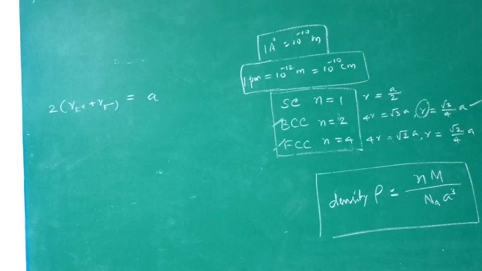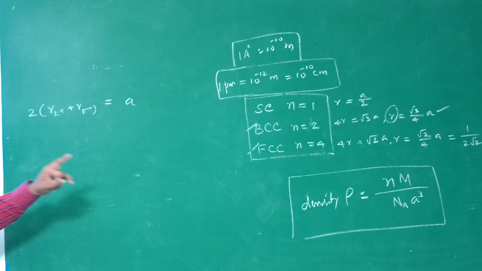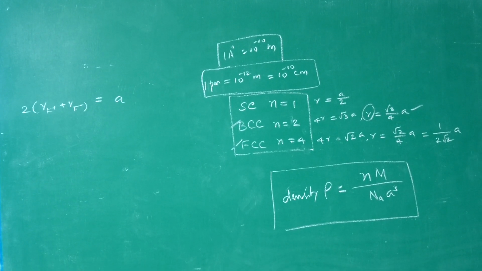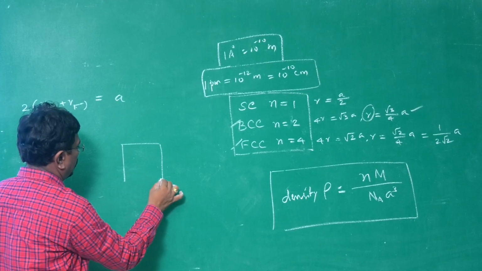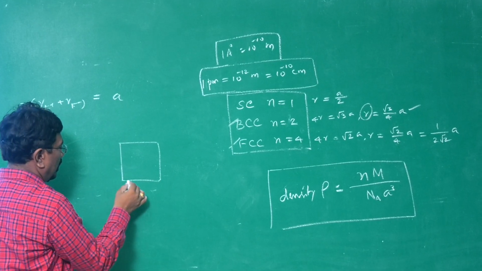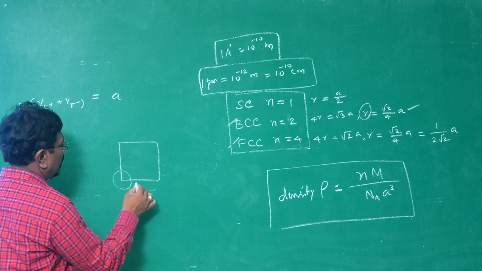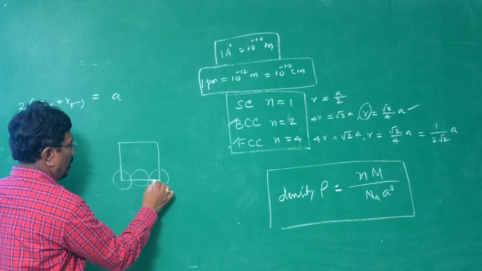Edge length A, in the case of potassium fluoride, if you consider a particular face, here we have a potassium ion, here a fluoride ion, here a potassium ion.